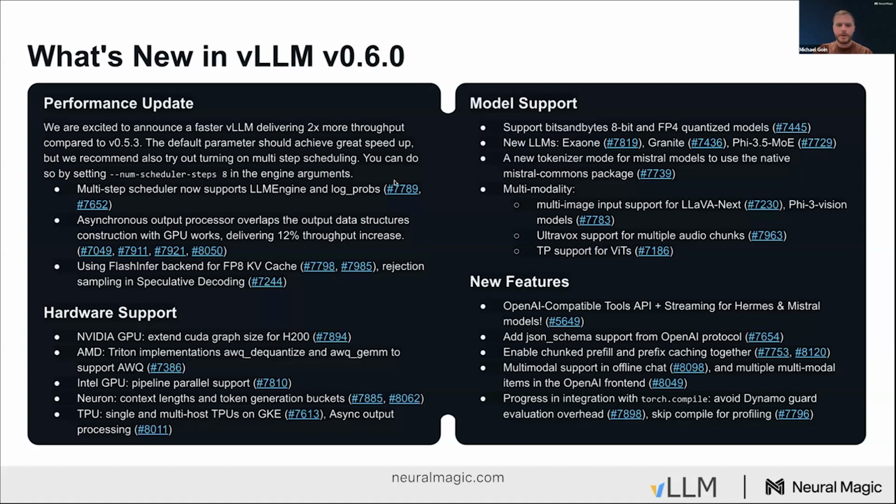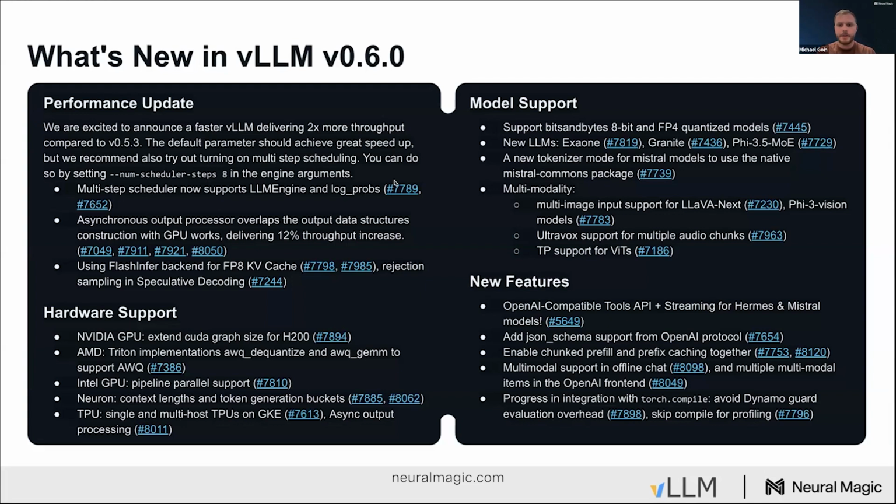Then in terms of model support, we greatly expanded support for bitsandbytes models. So pretty much any type of bitsandbytes checkpoint that's out there on Hugging Face now should be able to be loaded and run in vLLM. Various models got added: EXAONE, which was a Korean language model, Granite, which is a model from IBM, and Phi 3.5 MoE, which is a very capable small MoE from Microsoft.